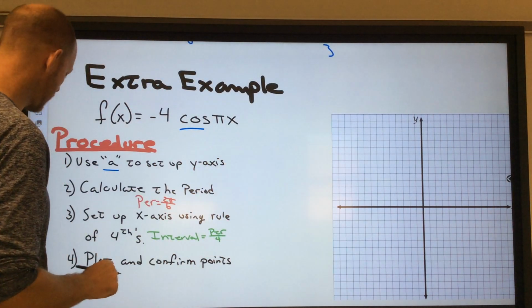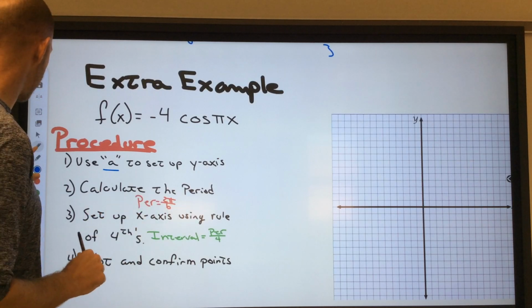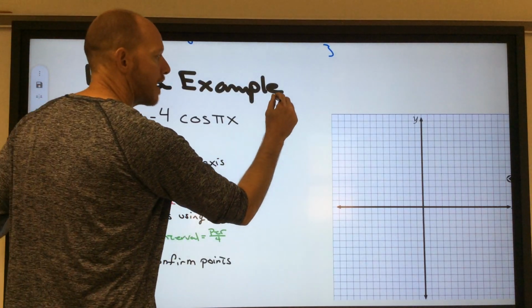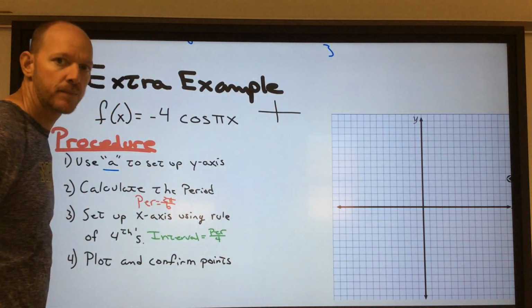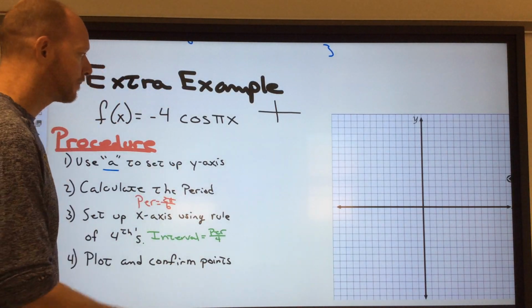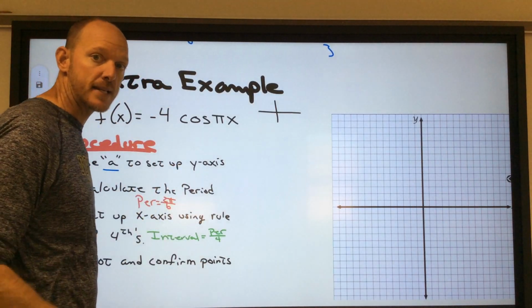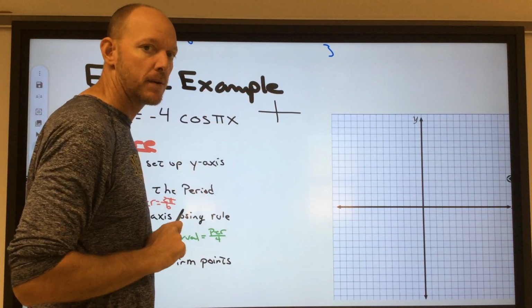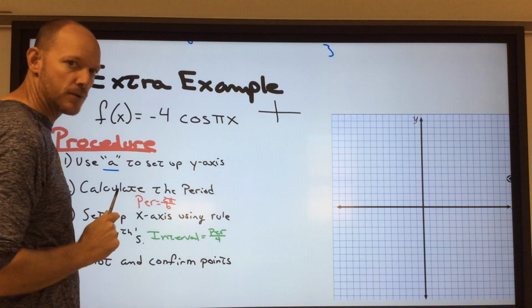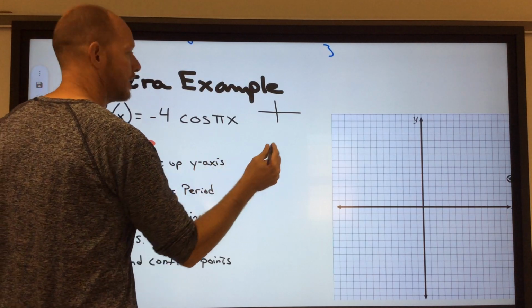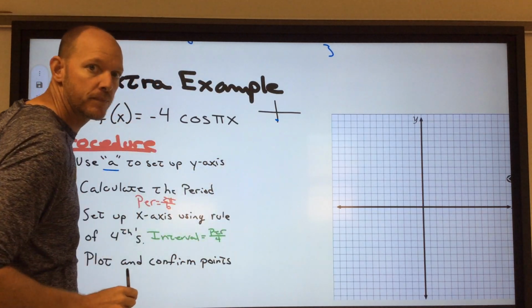So anytime I'm doing these, I'm going to set up and start off with a mental picture. So if I'm thinking about this graph, here's what's going through my head. I see that it's cosine, so that tells me I'm going to start either at a max or a min. Since my A value is negative, that's going to tell me I'm going to start at a minimum value.